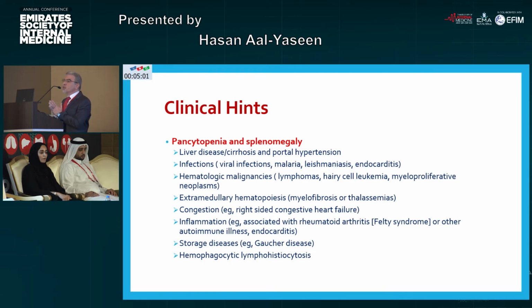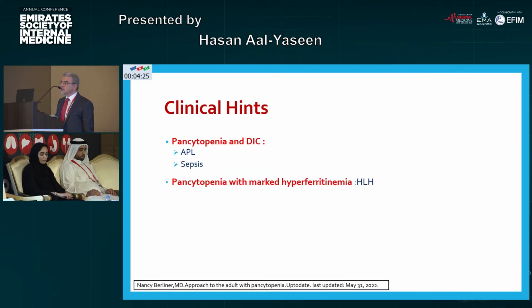So when you see a patient with pancytopenia having a palpable spleen, you should think about chronic liver disease with hypersplenism, infections, viral, malaria, leishmania, TB, hematological malignancy, hairy cell leukemia, lymphomas, and MPNs, myeloproliferative neoplasm, mainly myelofibrosis, extramedullary hematopoiesis, like in thalassemias, chronic inflammatory processes like collagen vascular disease, Felty syndrome, rheumatic and rheumatoid arthritis, storage diseases like Gaucher disease or hemophagocytic syndrome.